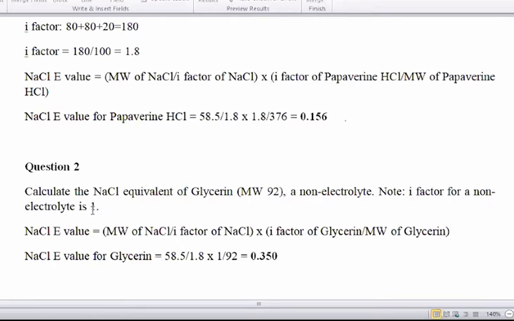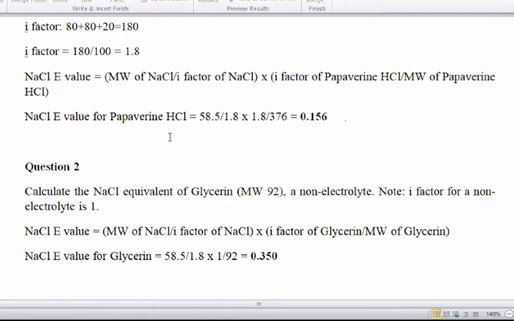I've got a question, sir. Yes, Peter. On the answer for the E value of glycerin, mine is giving me 0.353. On the answer here, I can see 0.350. So I wanted to ask why there's a 0 there instead of a 3. Do the calculation and confirm what it is giving you, 0.350.